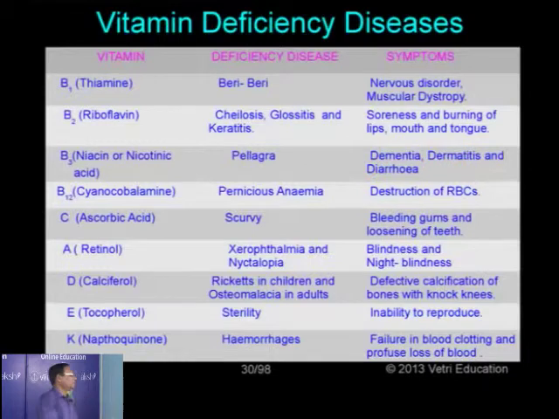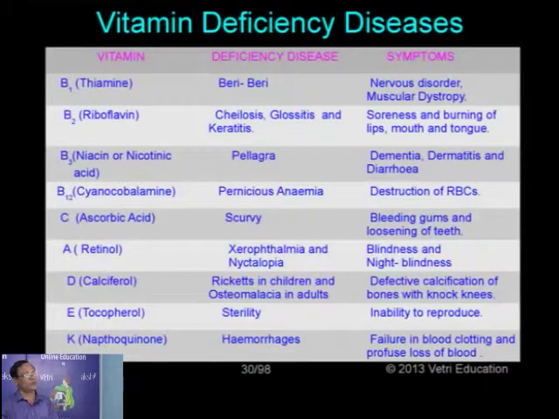Now the next one, B12, the most important vitamin, cyanocobalamin, because it is responsible for the formation of RBCs. When you have a deficiency of this vitamin, there is no proper formation of RBCs, resulting in an anemic condition. What is anemia?